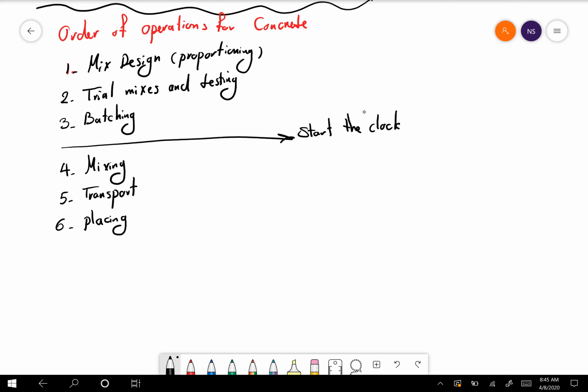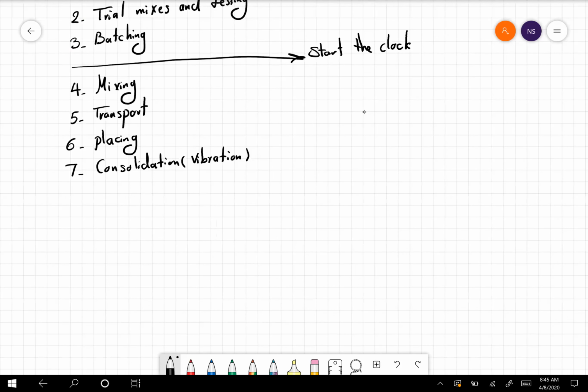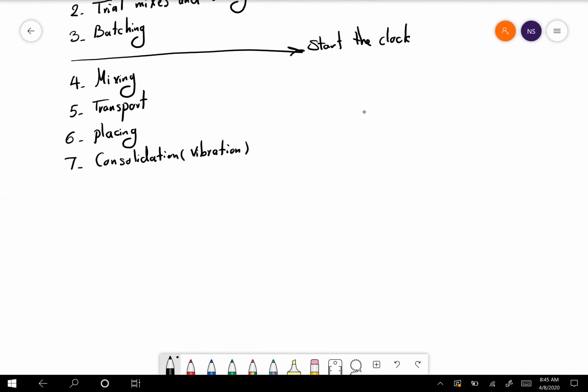and then you have the consolidation process, which again needs vibration to make sure that the concrete is covering all the spaces between the rebars. And then at this point you have the initial set time. That means that the concrete starts to set here, and then you have the surface finishing.